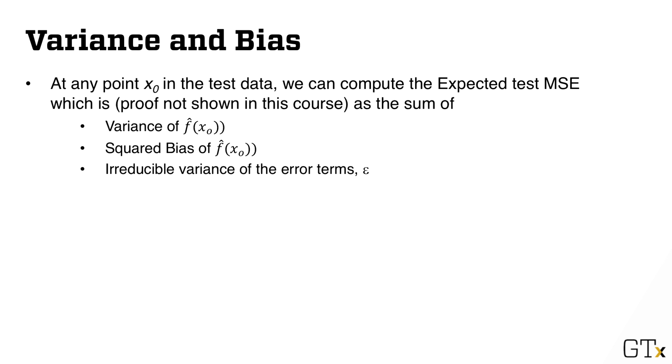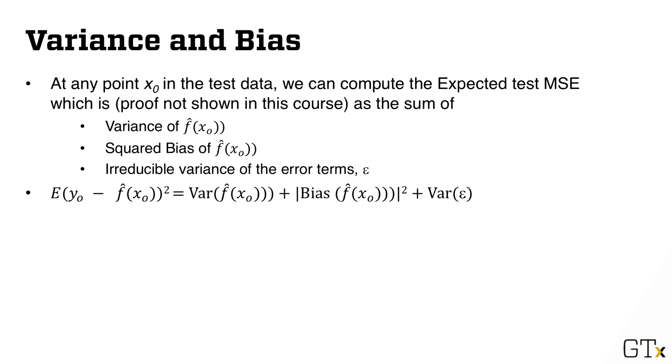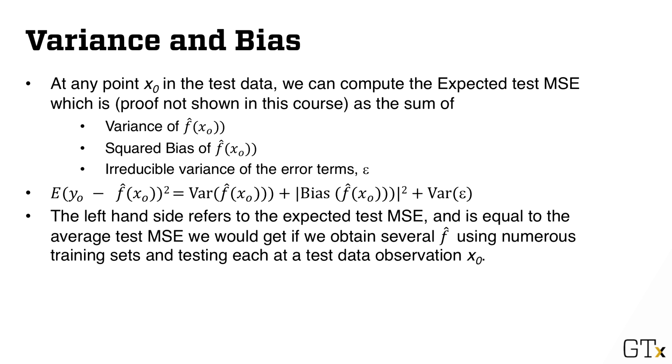At any point x0 in the test data, we can compute this particular term, expected test mean square error, which is the sum of the variance, the squared bias, and the irreducible variance of the error terms. We do not need to know the proof for this in the course. So, this expression has variance plus bias squared plus the irreducible variance of the error term on the right hand side, and the expected test MSE is shown on the left hand side.